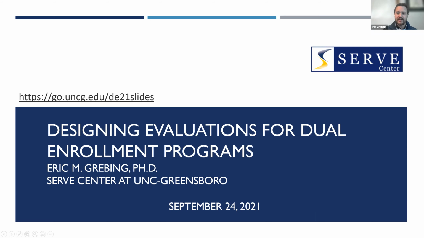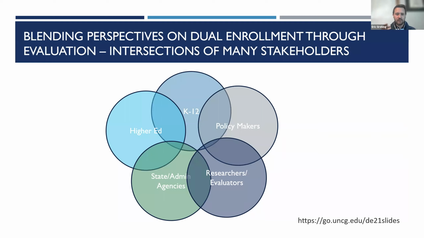As we're getting started today, I want to think about the importance of dual enrollment in terms of blending perspectives. So this slide is trying to illustrate all of the different groups, and I haven't even covered them all here, but dual enrollment is unique because it really does cross the paths of a lot of different people.